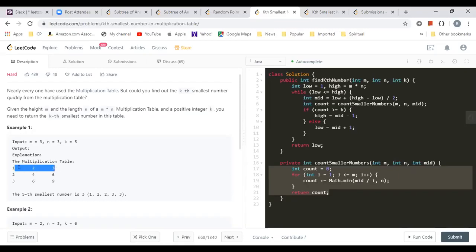So total number is 3, 2, 5, 1, 6. So I know if I go to 4, I will find 6 elements smaller than or equal to me. But I'm looking for the fifth element. So where should I go? Actually, I should go towards left. So we'll just do that again and again, and eventually we'll reach the solution.